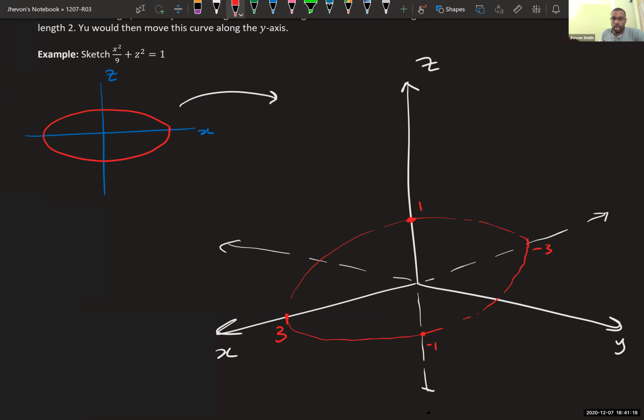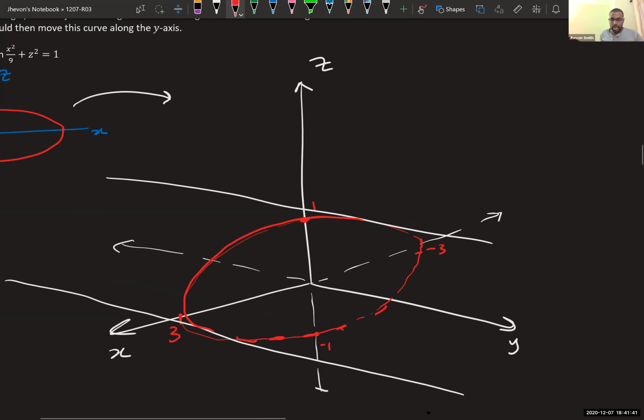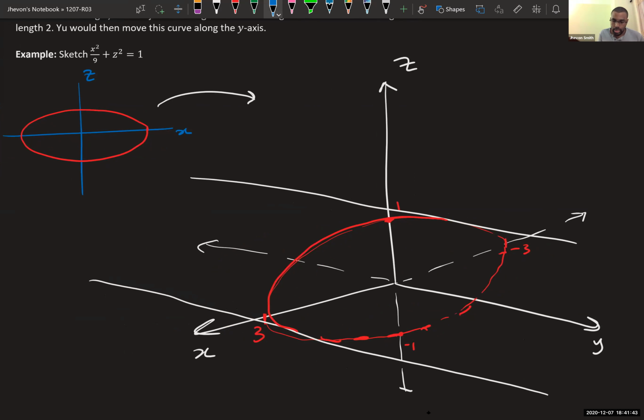And it runs along the y-axis. So that's your generating curve, but now you realize that this is just the same curve over and over.